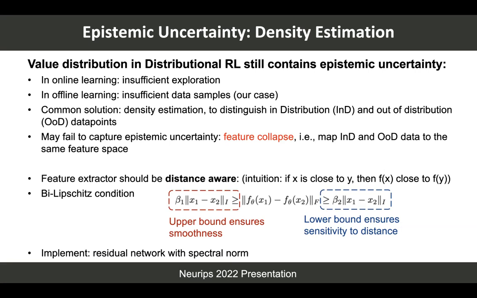Implementing this bi-Lipschitz condition is very easy, and it has been proved in some papers: if we use a residual network with spectral norm, then it satisfies this condition.